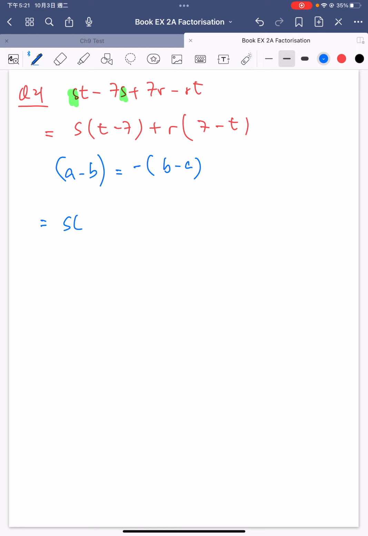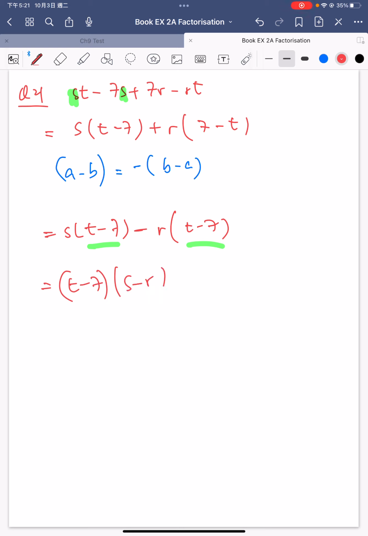So now we have s times t minus 7. The plus changes to minus, so we have minus r times t minus 7. Now we can take this t minus 7 as our common factor. So we have t minus 7 times s minus r as the answer of question 21. Then we have question 22.